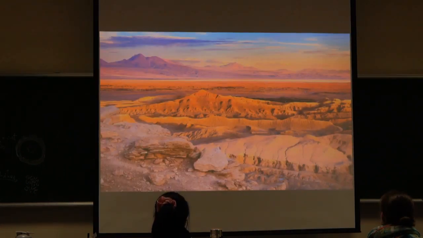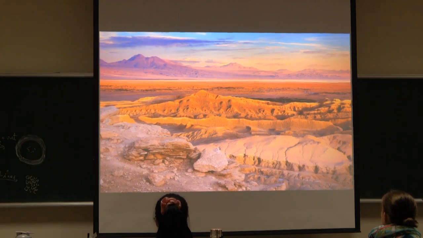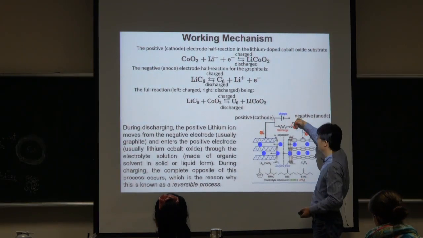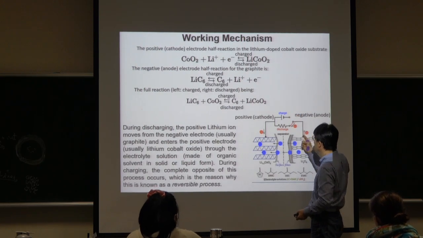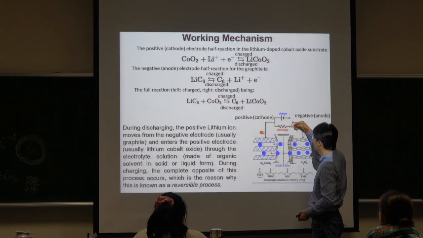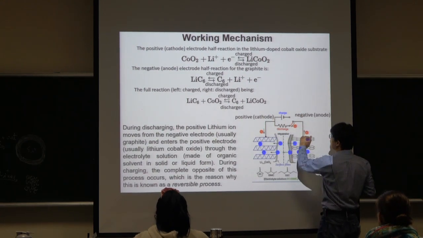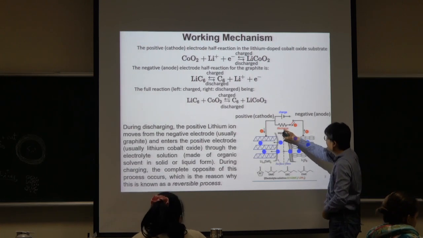So that means if you look at this, this is a discharge, right? And then this is a charge, right? Charge will be right here. So the charge will flow to here, and electrons will flow to this side, right? So let's look at the discharge.